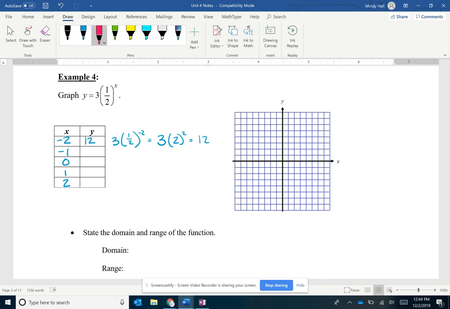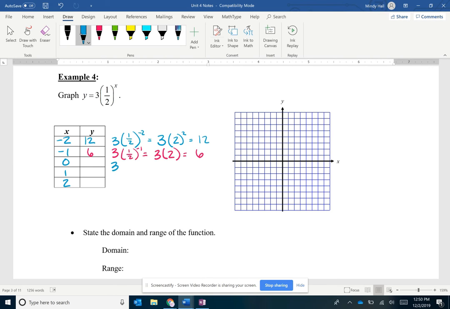So then we do the same thing with negative 1. Then when we flip it, we would just have 3 times 2, which would just be 6.